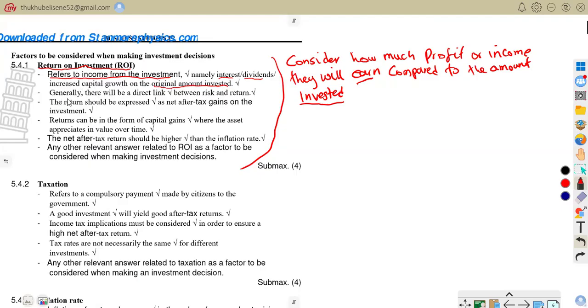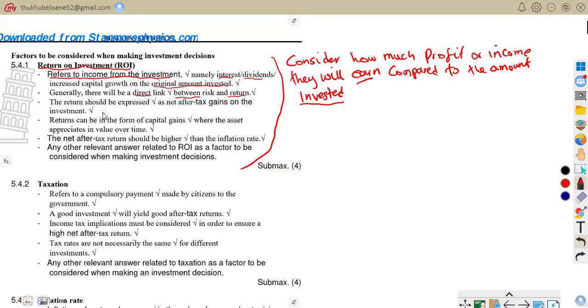Then it says, generally, there will be a direct link between risk and return. That is true, because you mind risk when you're investing.